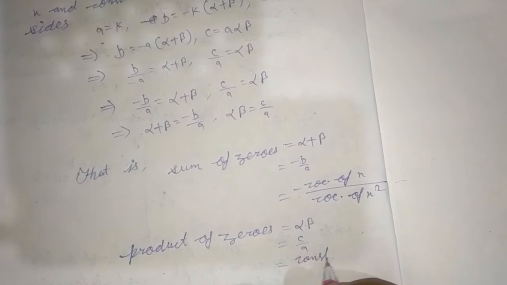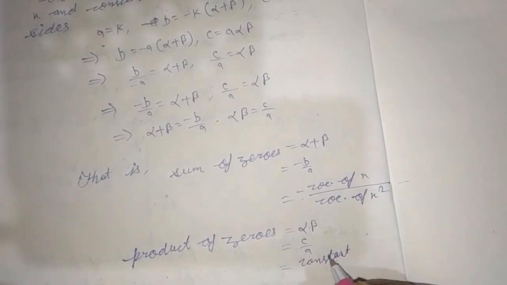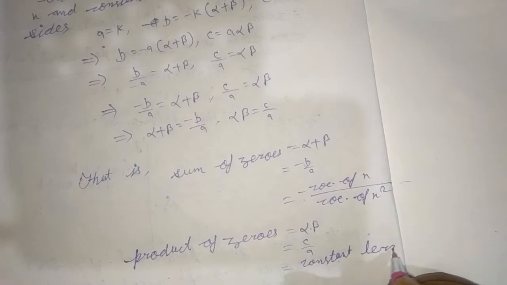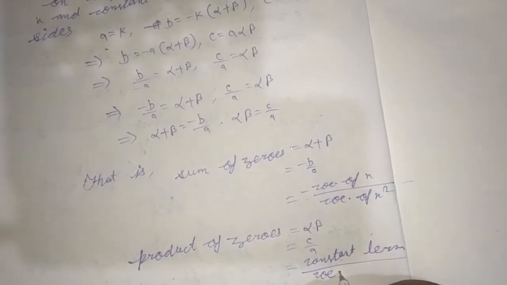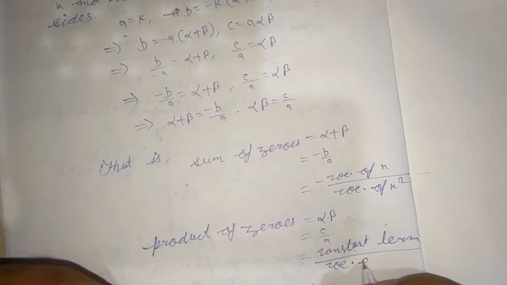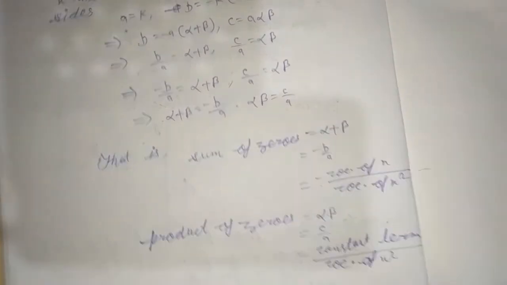The constant term upon the coefficient of x square. So this is our proof of the relation between zeros and coefficients of a quadratic polynomial.